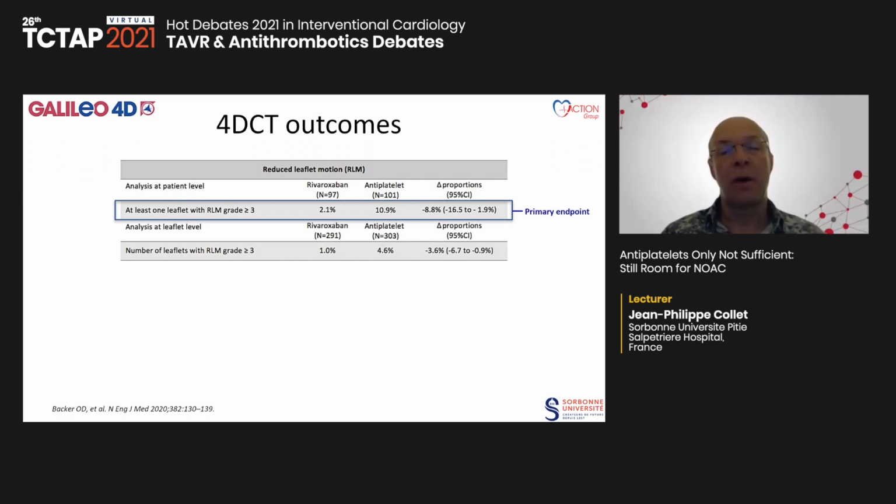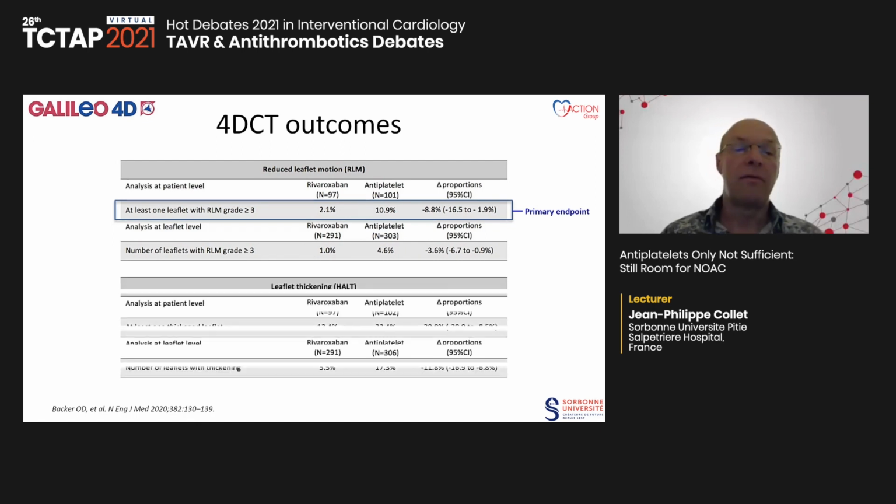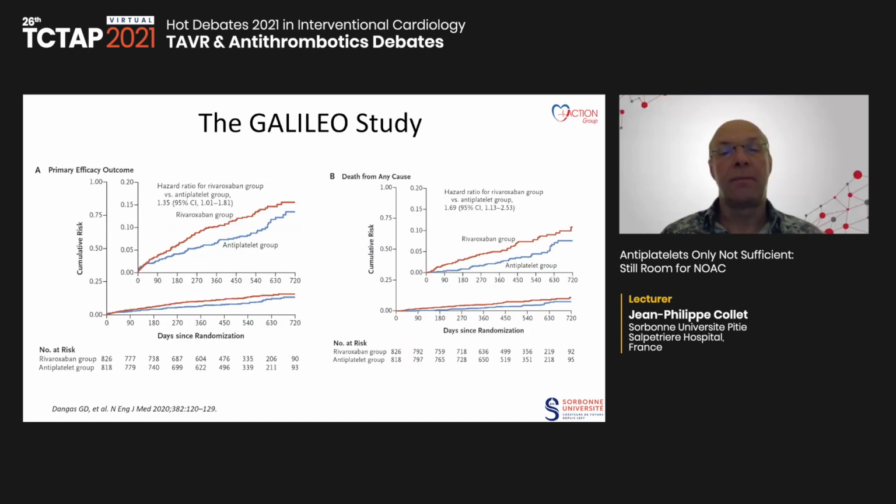And the question now is whether, in this particular setting where anticoagulation is not needed, it is associated with better outcomes when considering only subclinical valve thrombosis. Unfortunately, when looking at the outcome of the study, which was prematurely stopped, there were more thromboembolic events when exposed to rivaroxaban versus antiplatelet agents, and there were also more bleeds, and this explains why the study was stopped.